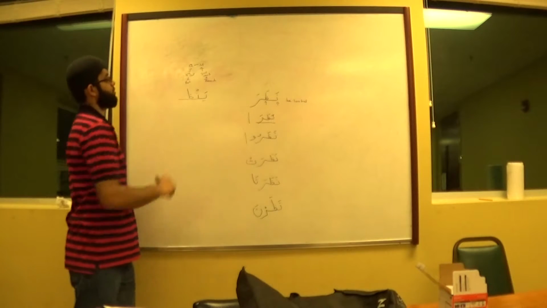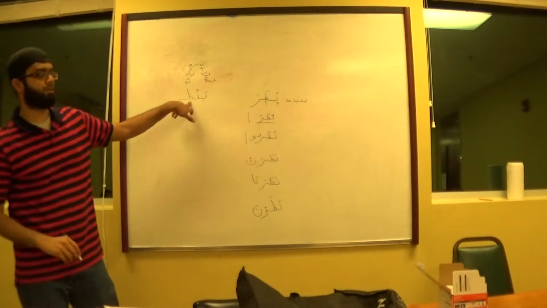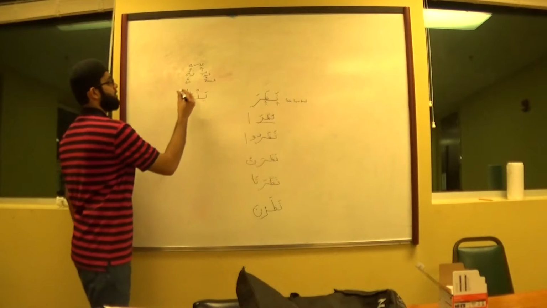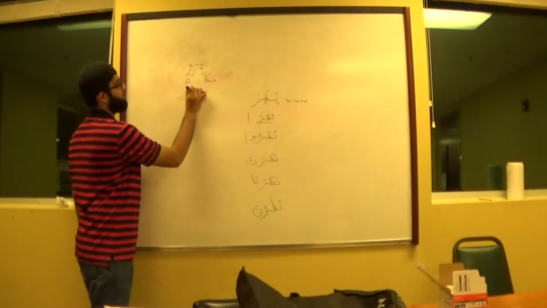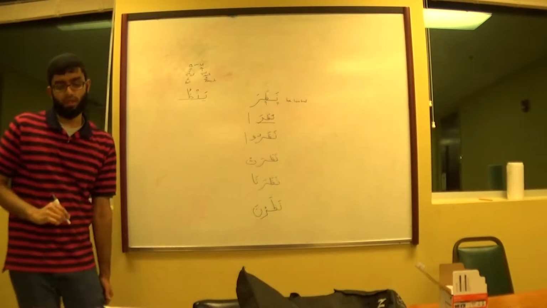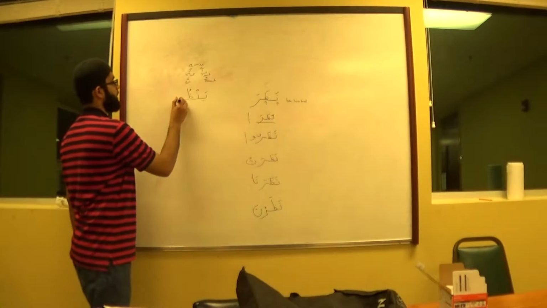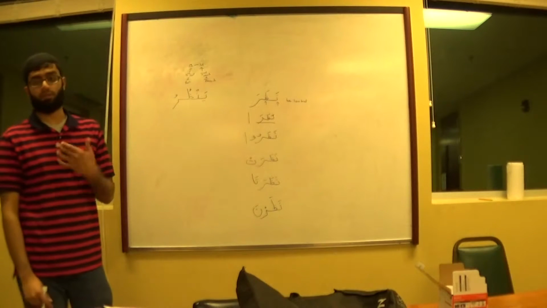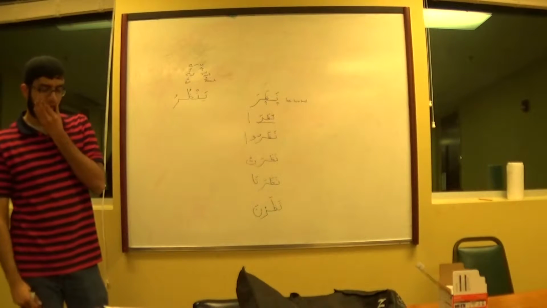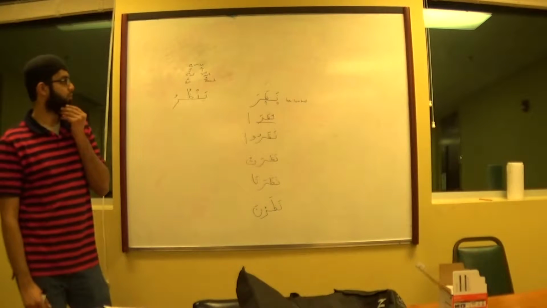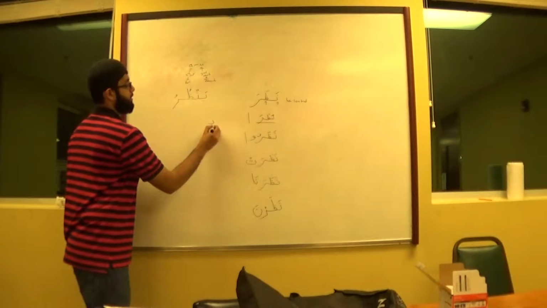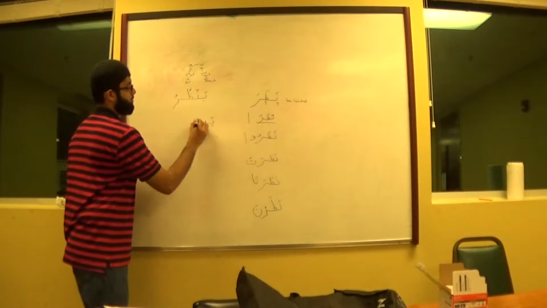Okay? So the second root is dha, because nazara, 1, 2, 3, the second root is dha. So we're gonna put a dhamma here, yanzuru, and then for the he looks, it always ends in dhamma. Okay, yanzuru. And then what would it be for two of them are looking? Yanzurani, right?